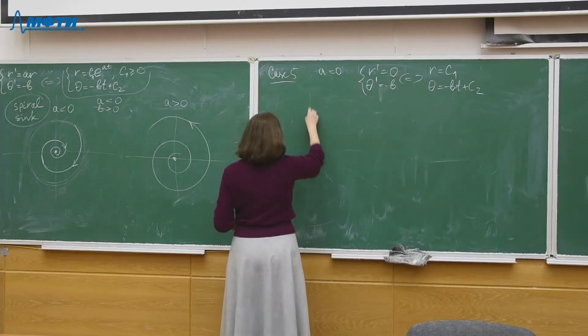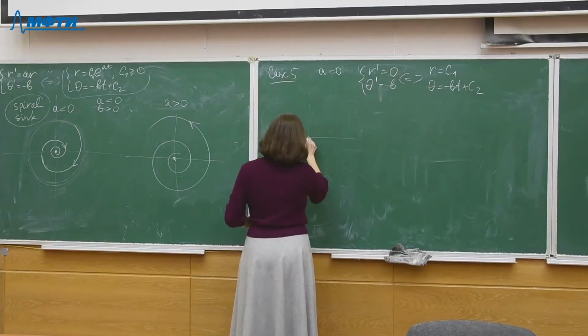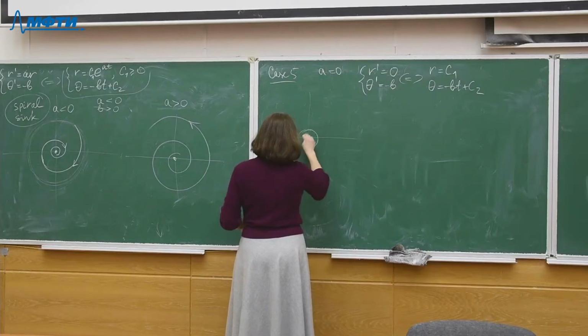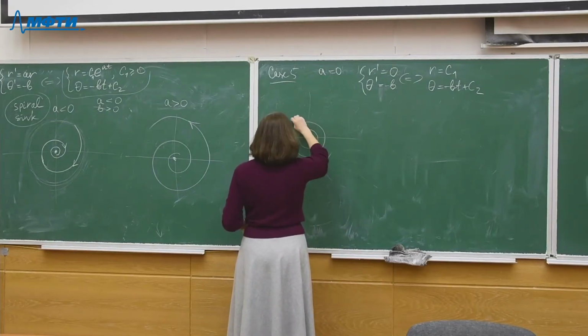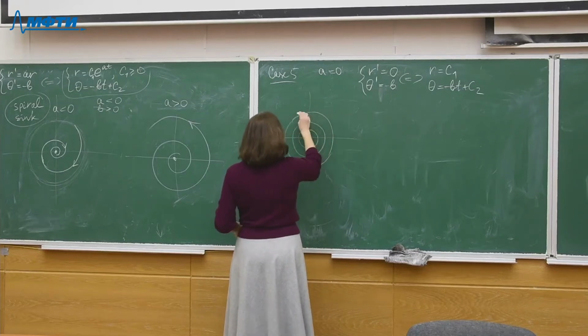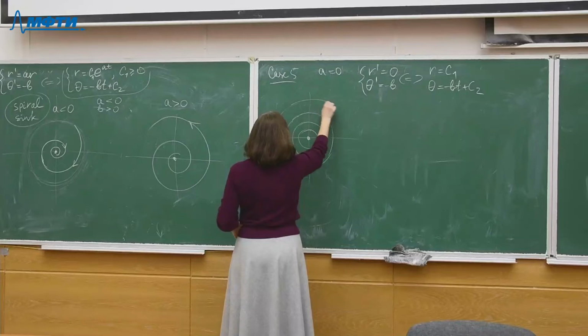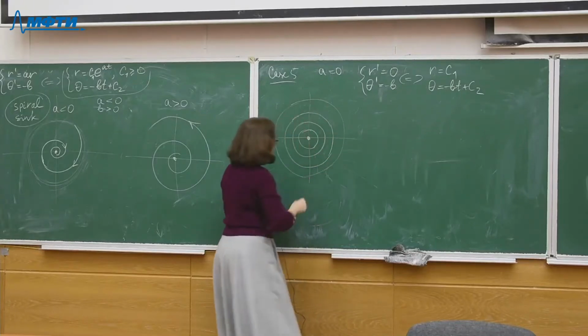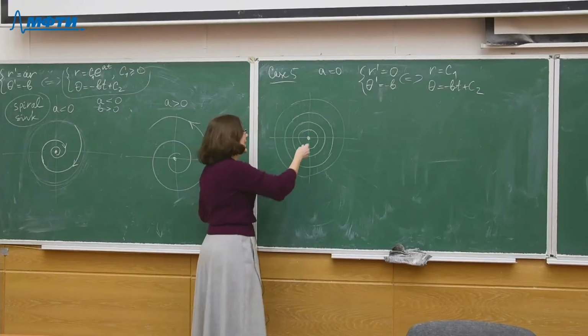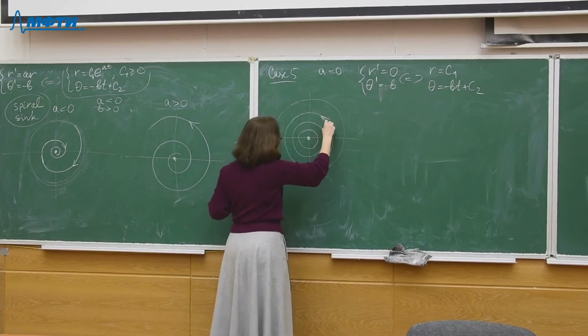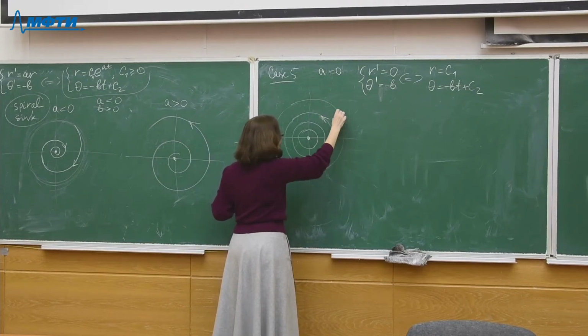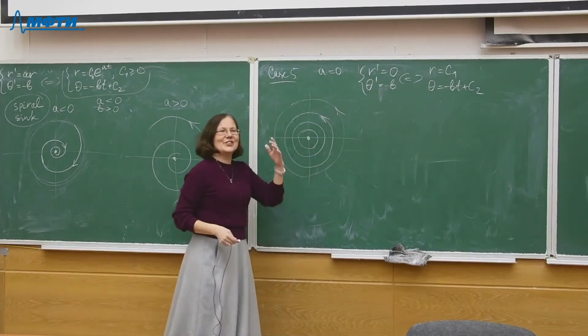And this means that our orbits are closed circles. But the direction can be arbitrary, so we can't determine the direction in the general case.